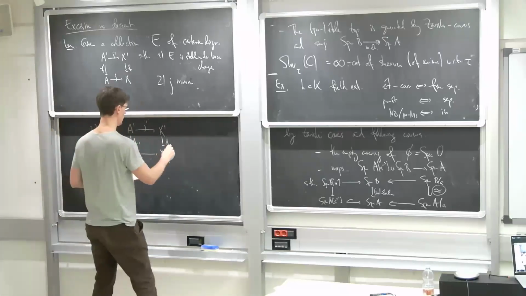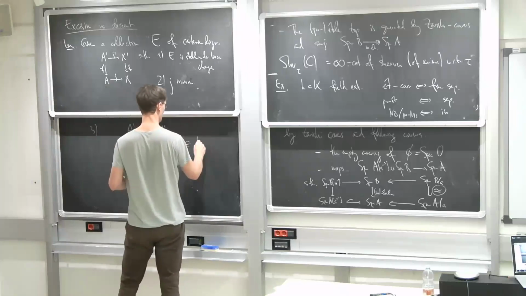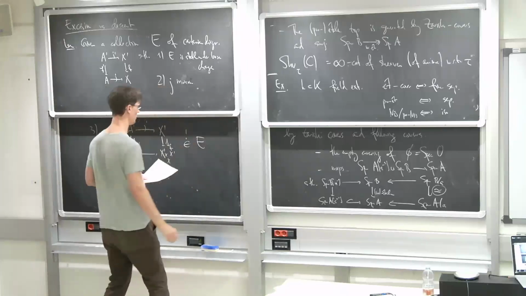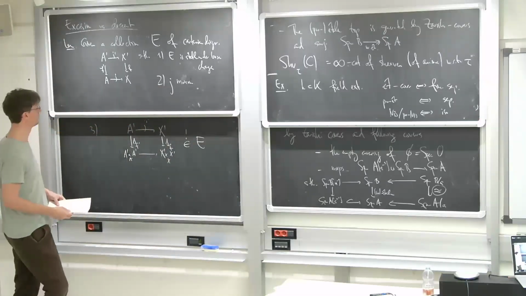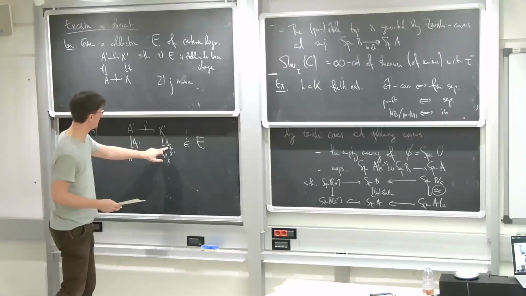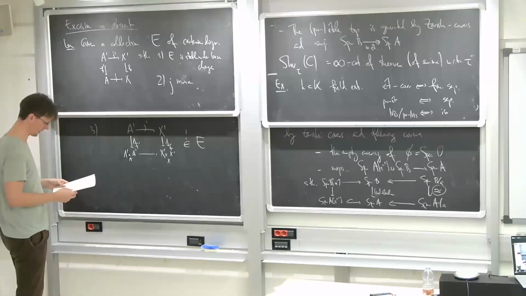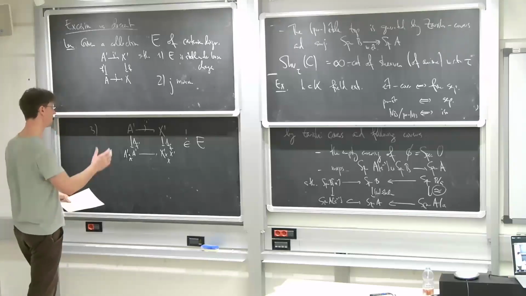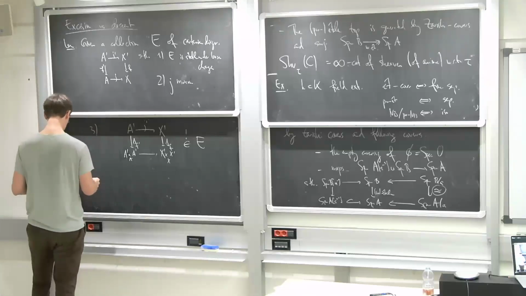For any such thing, this should still be in the class. That's what we require as well. So in particular, this diagonal type has to be somehow nice, as the F was in some sense. These are the conditions, and we will see this in practice in one moment.